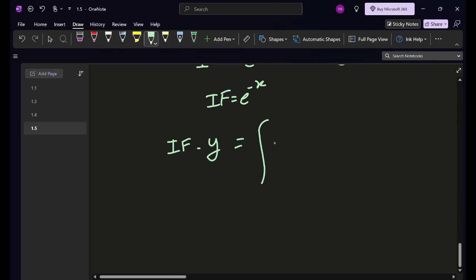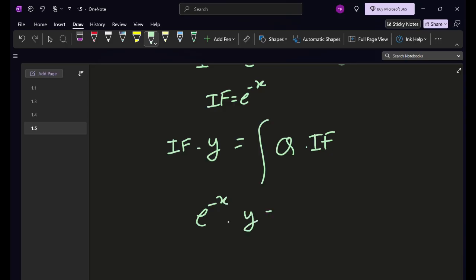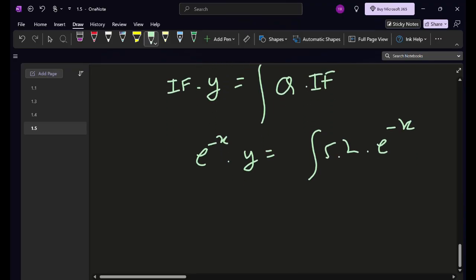Q is a constant over here, which is 5.2, multiplied by e to the power minus x, which is also our IF. So e to the power minus x into y is equal to the integral of 5.2 times e to the power minus x.